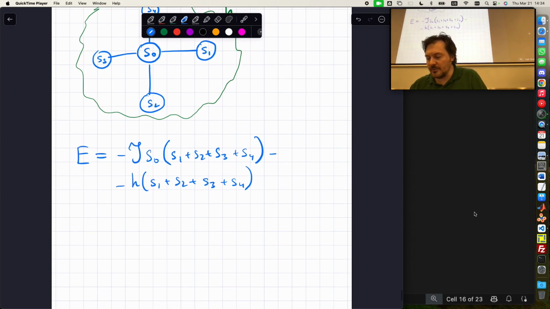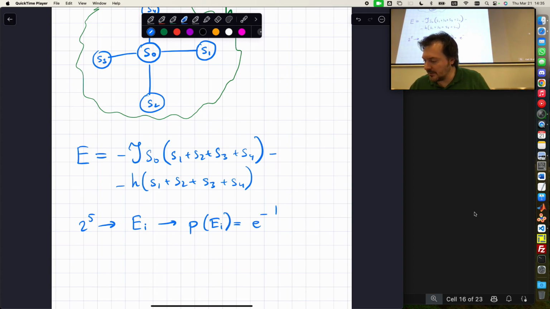So how would you solve it? You would go over all the possibilities of S0, S1, S2, S3, S4. So 2 to the 5 possibilities, right? Get the energy for each one of them. Get the probability for each one of them, e to the minus E_i over k_B T, divided by the partition function.